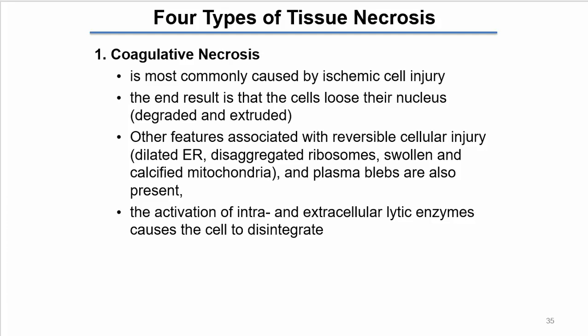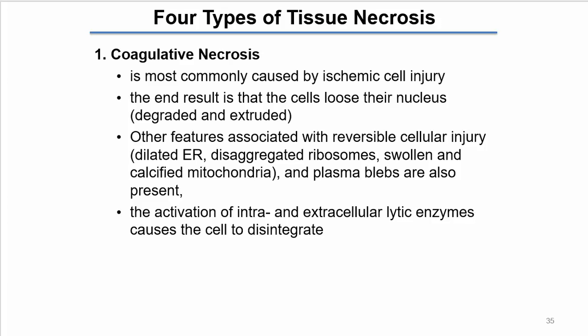The cell has the swelling, the hydropic swelling, the disaggregated ribosomes, all of that stuff, the plasma blebs are all present, but the cell doesn't burst right away. It happens later. The intra- and extracellular lytic enzymes then cause it to disintegrate. But the cell is dead but still there in coagulative necrosis.